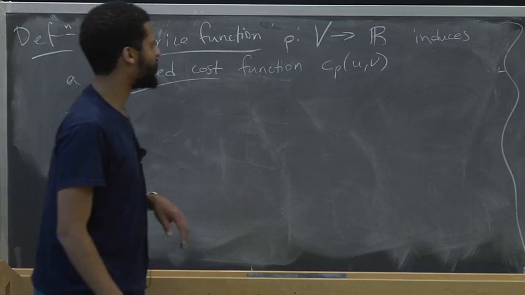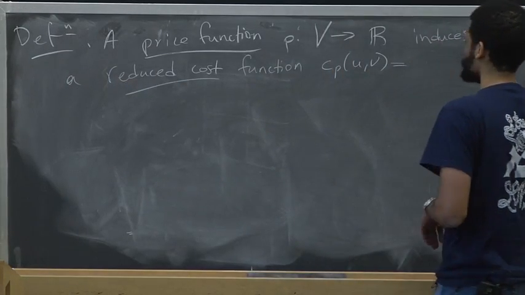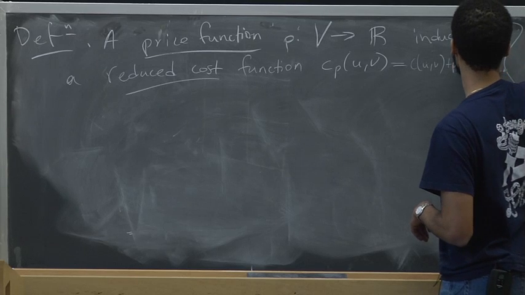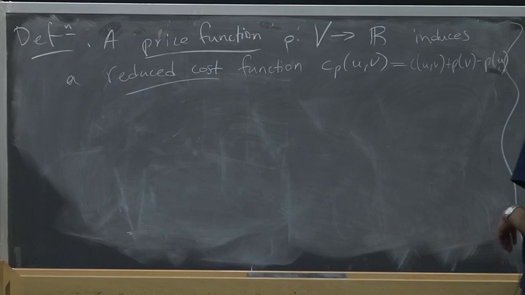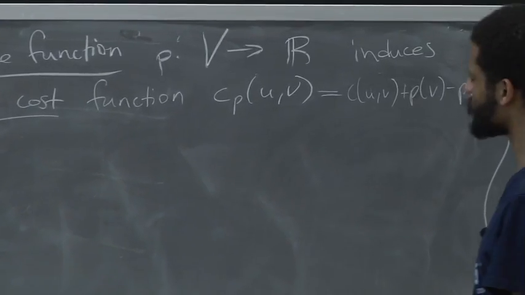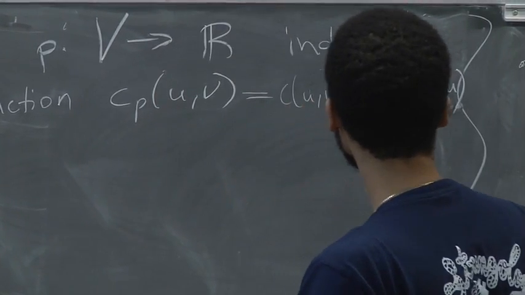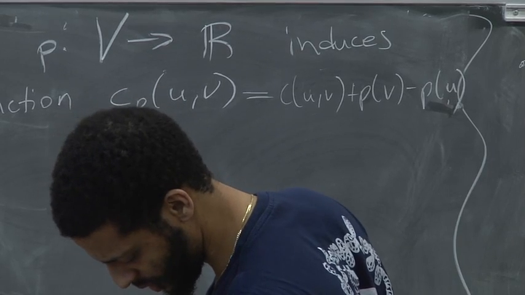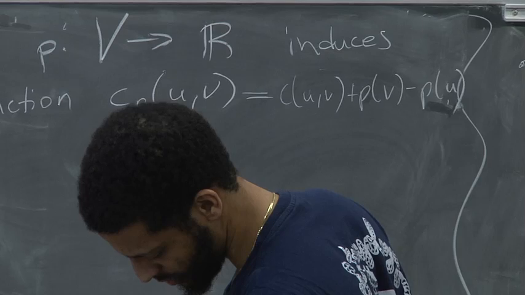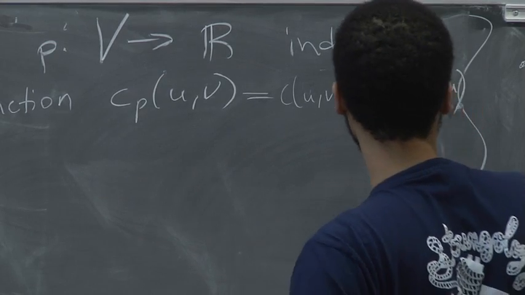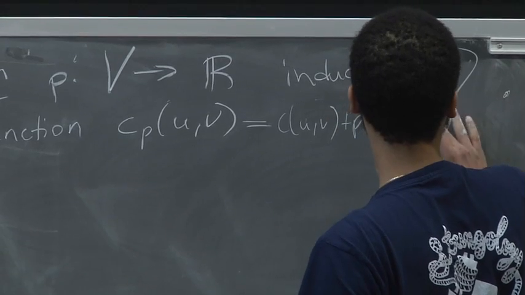Its reduced cost is the old cost, the original cost of the edge, plus the price of U minus the price of V.